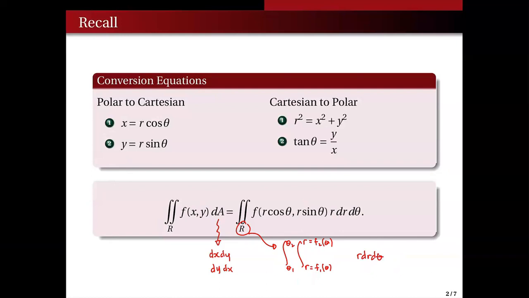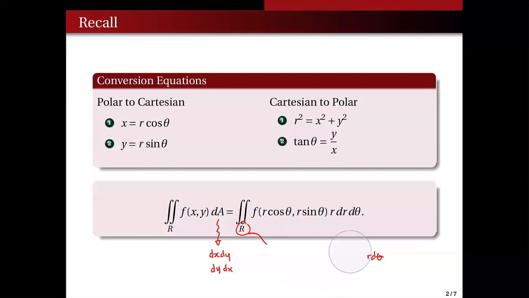And if you have the other case where your theta is a function of r, and then your R are fixed constants, R equals R1 until R equals R2, then you will have to write the dA to be r d theta dr. Okay? So, like I said, the crucial part is the conversion of the rectangular form of the domain to the polar form of the domain.